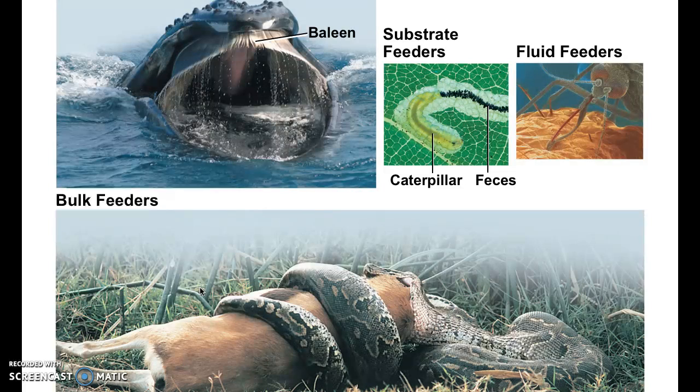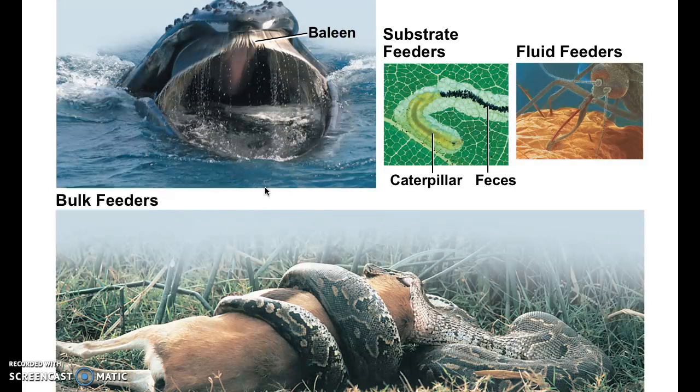Most large animals tend to be bulk feeders. We are bulk feeders, but in the family of blue whales, the baleen family, they have almost like a grill mesh kind of thing, which is the baleen. Water enters, the plankton stays back in, and everything else comes out.